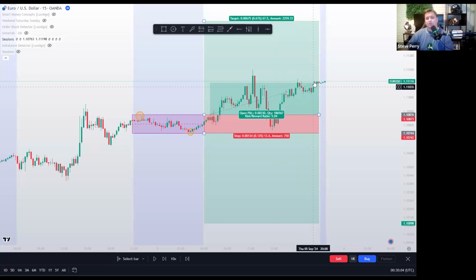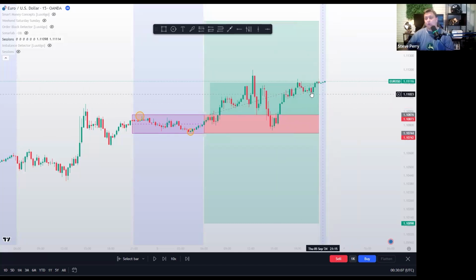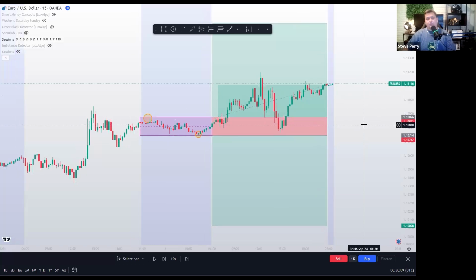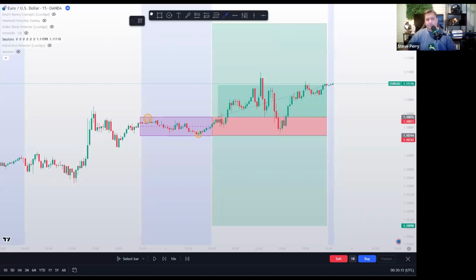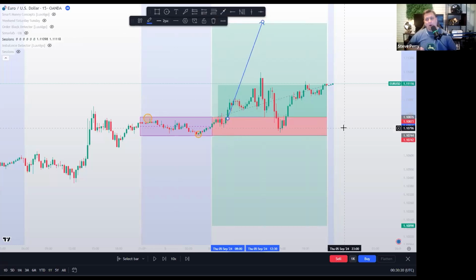So a lot of the time you'll have trades that you have to close manually. Now, some days, maybe a couple times a month, this trade will go straight to the target and you'll wake up in the morning to a pile of money. It will absolutely be a payday.